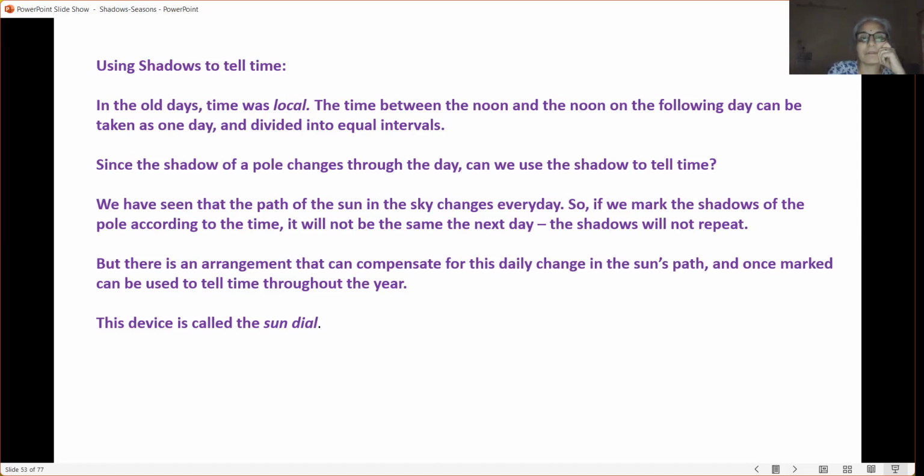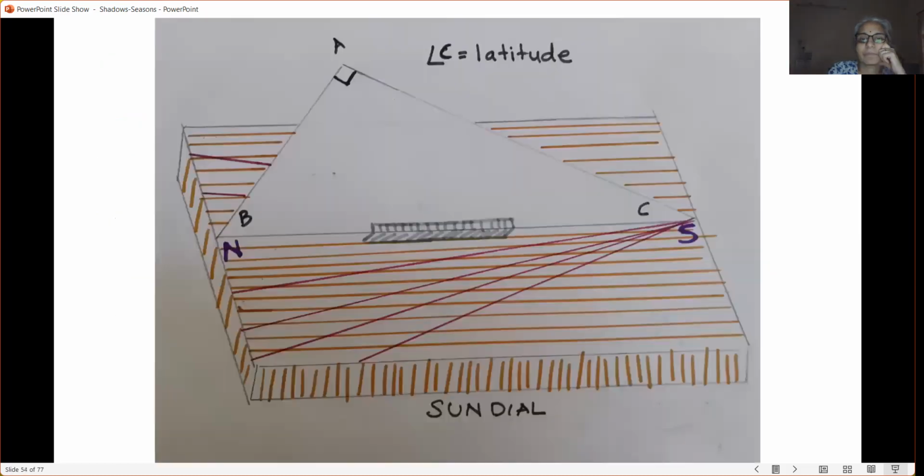You should try and find out how it actually works. Okay? So I'm not discussing why this works. That I will leave to you. So the sundial consists of this triangle, which is fixed vertically to this wooden base, which is horizontal, and this triangle is fixed to it in the vertical plane.